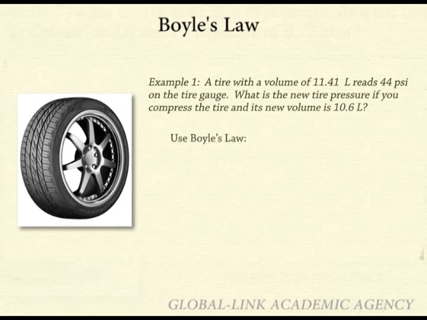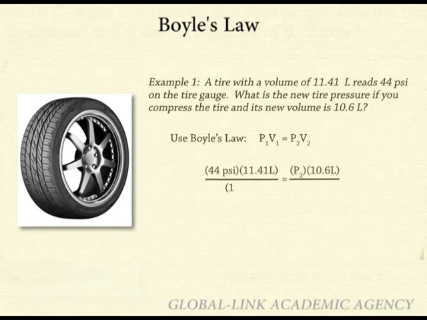Solution: we write Boyle's law and substitute in what we know. This is a before and after situation. So P1V1 is equal to P2V2. 44 psi times 11.41 liters is equal to P2 times 10.6 liters. To solve for P2, we divide both sides by 10.6 liters.